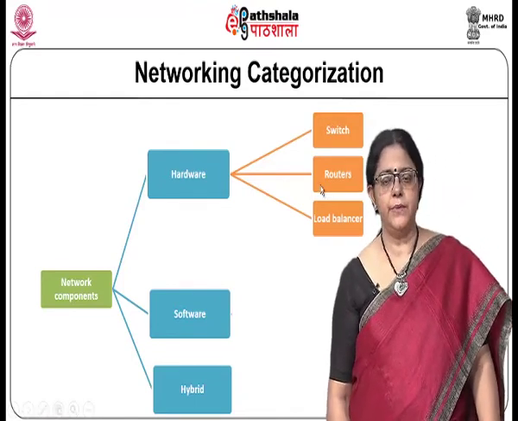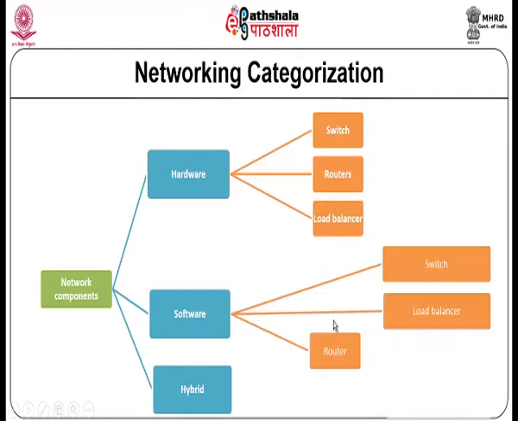All these components can be implemented in software. So, in software also we have switches, routers, and load balancers, and when some part is hardware and some part is software combined, we have hybrid networking components. VPN and VLAN, which we are going to talk about today, are part of the hybrid mechanism.